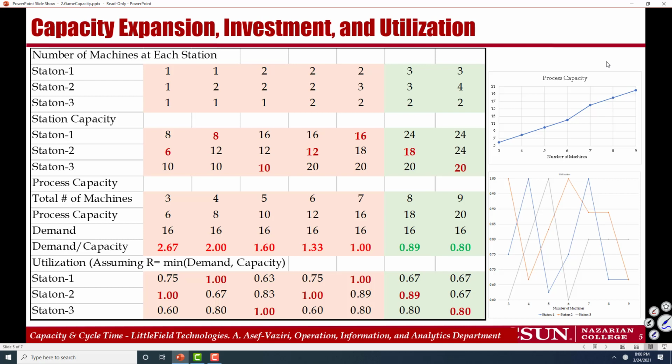I am just trying to set the stage to enable you to think about your specific individual game. At the beginning, I have 1 machine in each station. These are the capacity of the 3 stations, and the smallest one is 6. So the total number of machines is 3. Capacity of the process is 6.